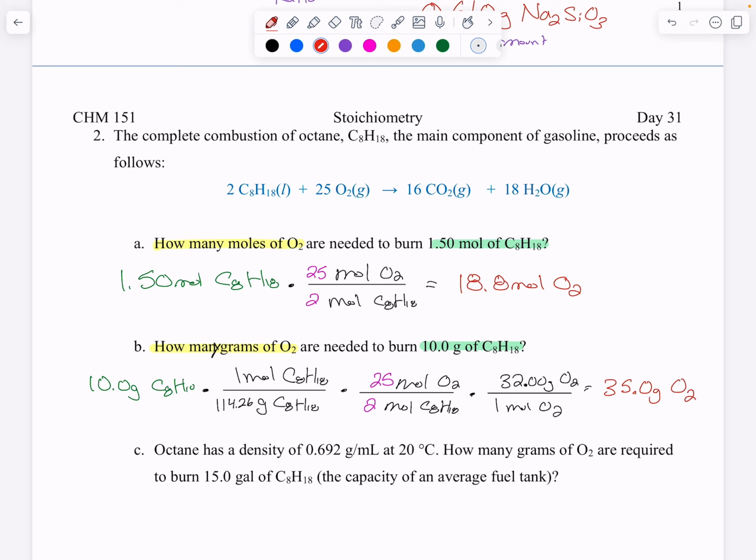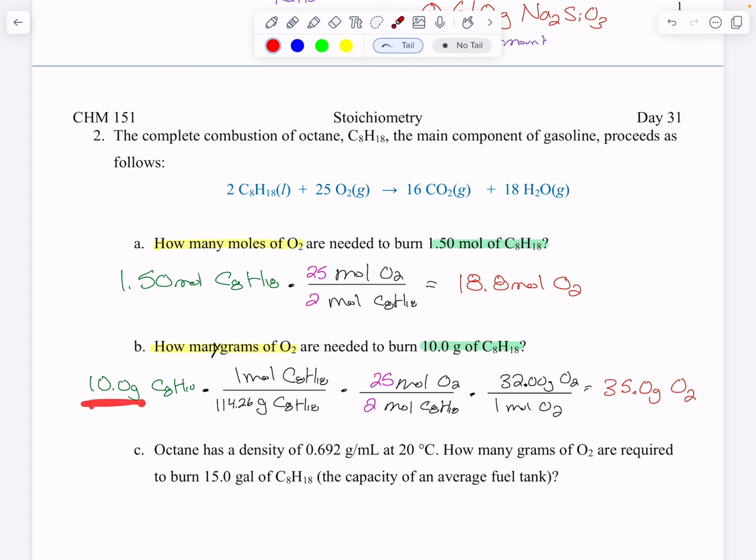Now this is the cooking ratio we see, right? 10 grams of whatever you're cooking with produces 35 grams of whatever you're going to eat. And so if I could double the mass, if I had 20 grams of C8H18, this would double to 70.